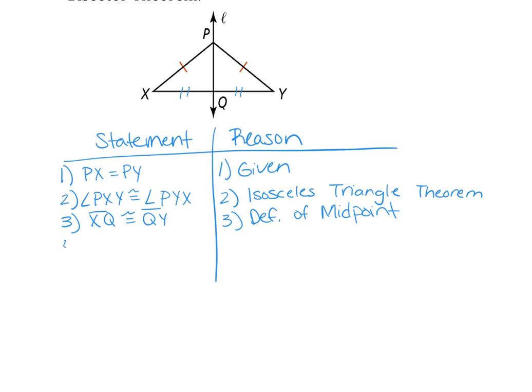All right, 4. We know that we can now prove that triangle PQX, or PXQ, is congruent to triangle PQY by side angle side now.